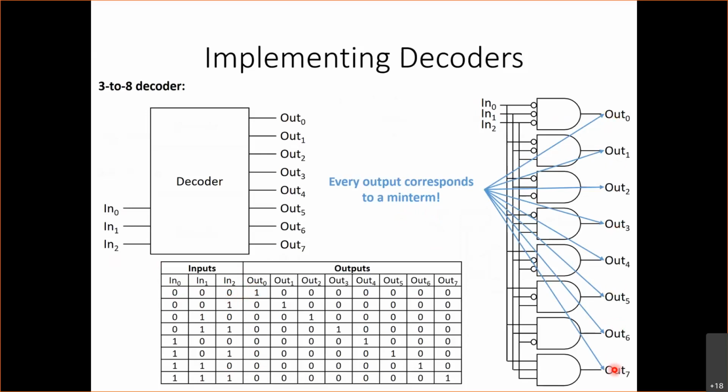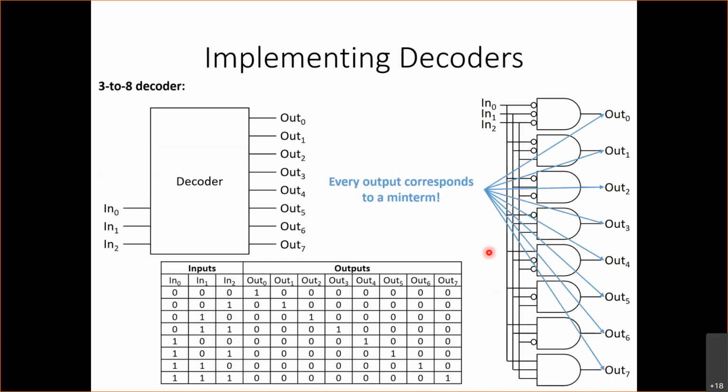So a decoder essentially gives us all the minterms for an input combination.